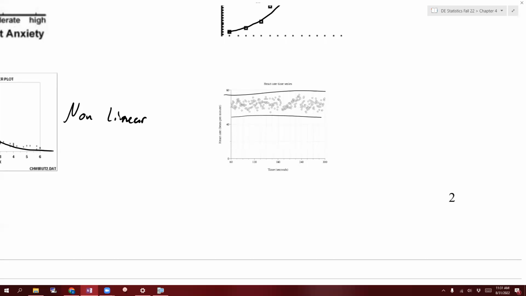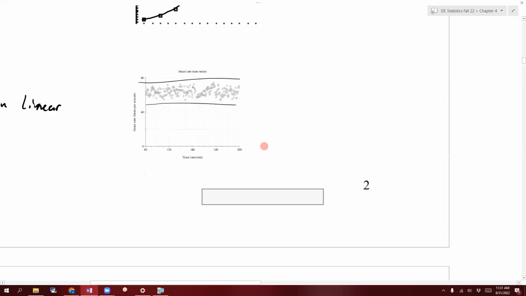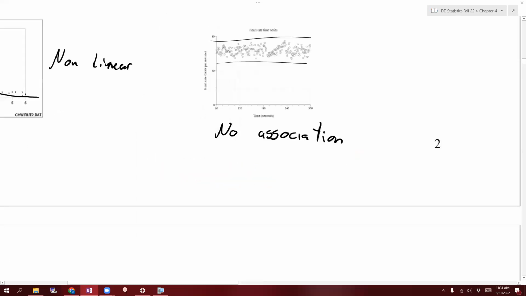So in this last case, it's not only nonlinear, we say there is no association. Y does not depend on x. I can plug in any value for x, and y is going to stay roughly the same. So if you have a horizontal line, that means there's no association between x and y. It does not matter what x value you plug in, your y value is unaffected by that.